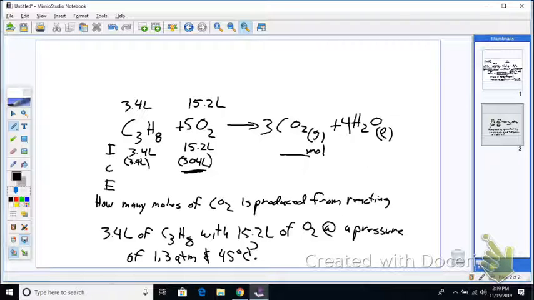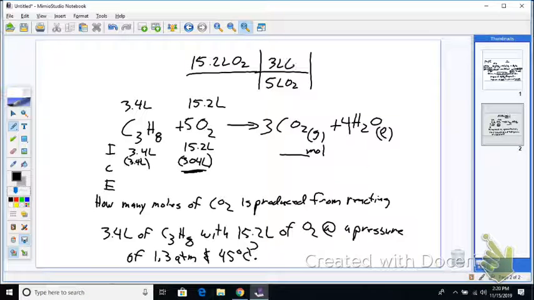So then you take the 15.2 liters of oxygen, and for every 5 liters of oxygen you have 3 liters of CO2 produced. So that's going to be 9 something, right? 9.12 liters of CO2. Now, we're asked to solve for moles.